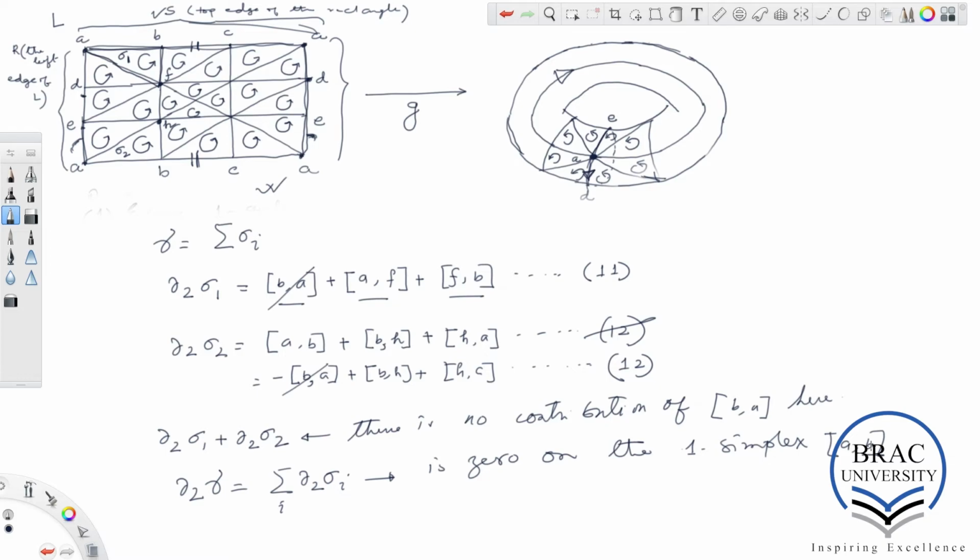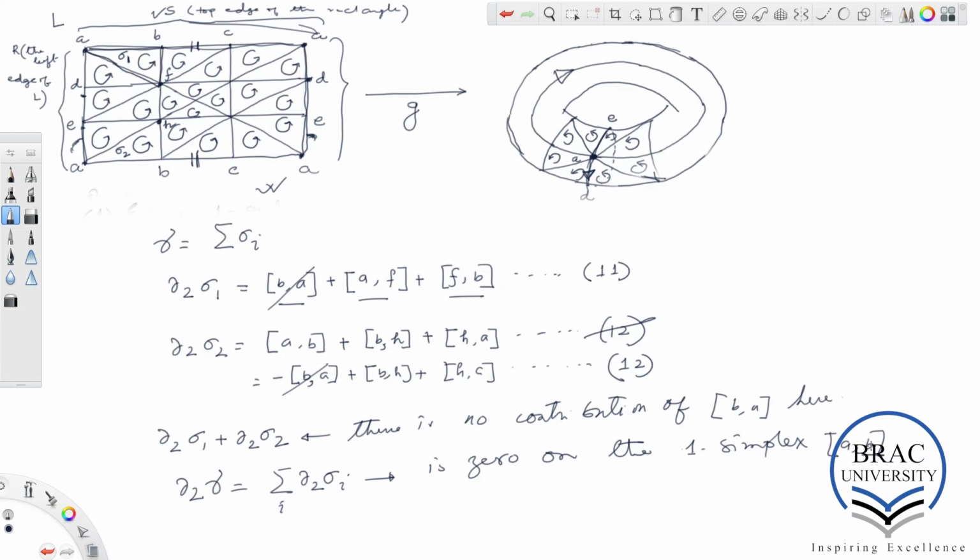So for all the one simplices not belonging to the boundary of L, this is something that we checked for the one simplex AB that belongs to the boundary of L, right?